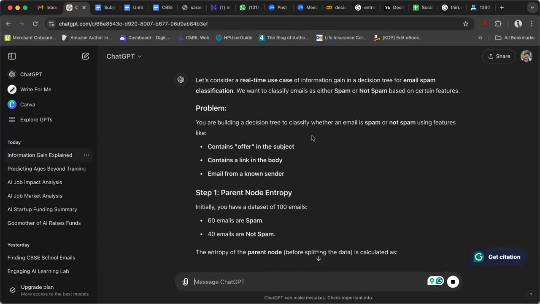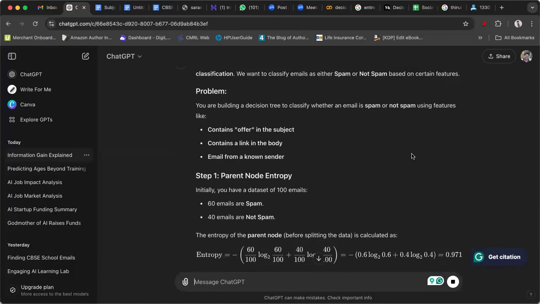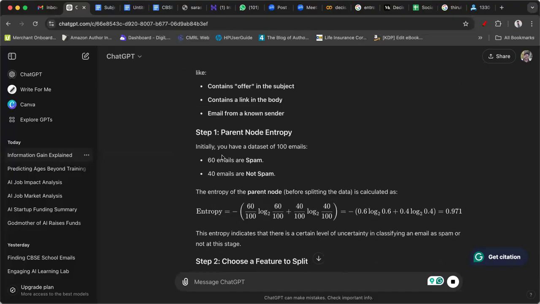So you're building a decision tree to classify whether an email is spam or not spam. This is one of the classic examples. Features: contains offer in the subject, contains a link in the body, email from a known sender. For the parent node entropy, initially you have a data set of 100 emails, 60 spam and 40 not spam.